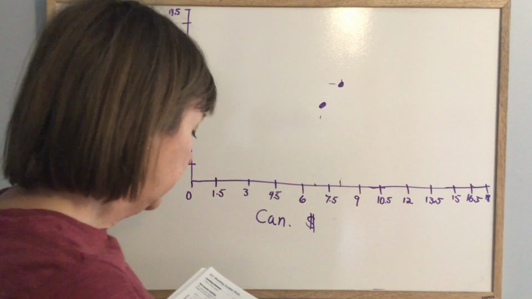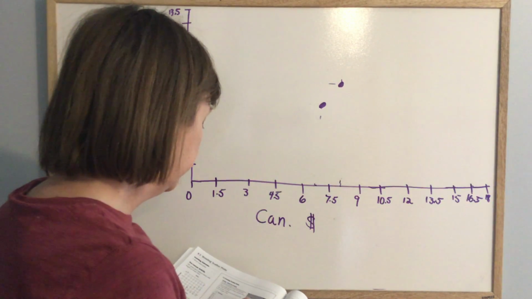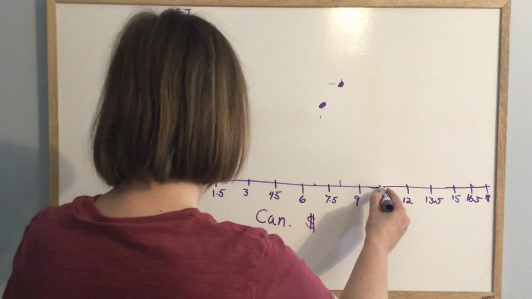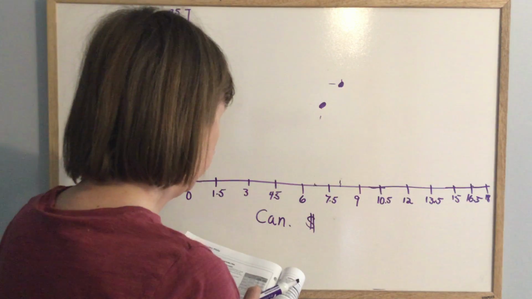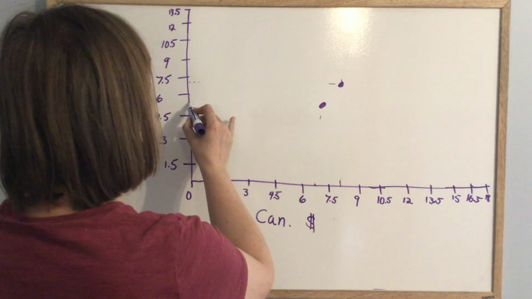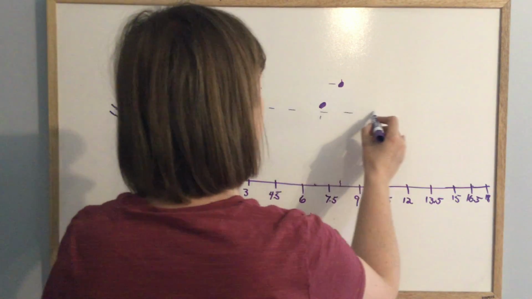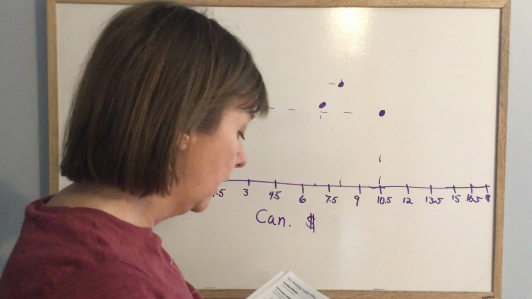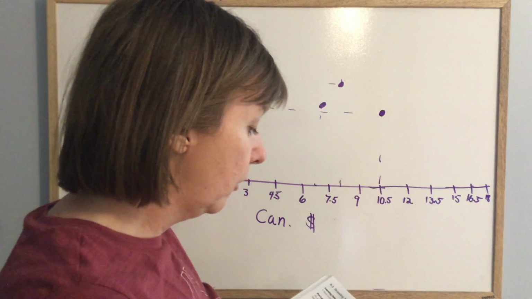The next one is $10.50 in Canada, so right here. But in the States, it's way cheaper. It's only $4.95, so almost $5. So right about here, but it's like $10.50 here. So it's like here. And you can keep this going.